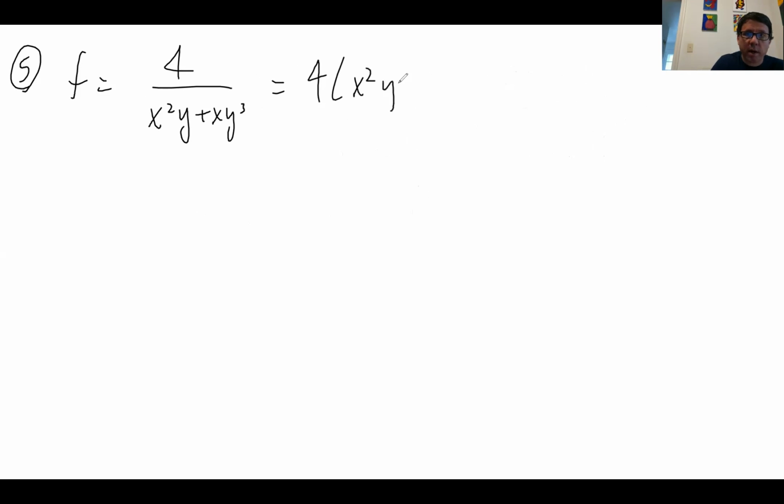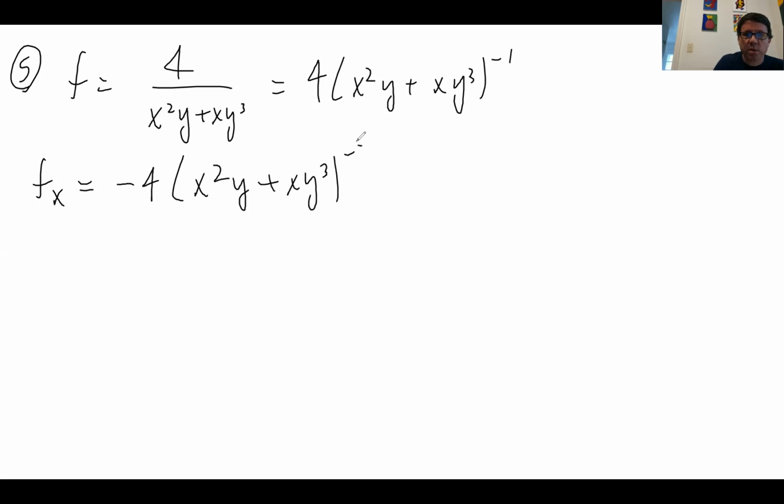For x squared y plus x y cubed, you probably should put it to the -1 power or do quotient rule a bunch of times. So the first derivative will be, you just go -4 times x squared y plus x y cubed to the -2 multiplied by the derivative of the inside with respect to x. So 2xy plus y cubed.